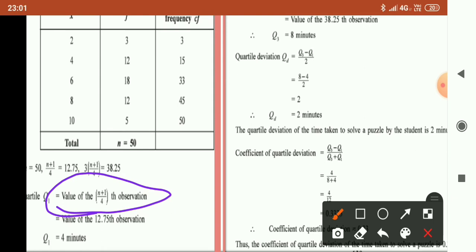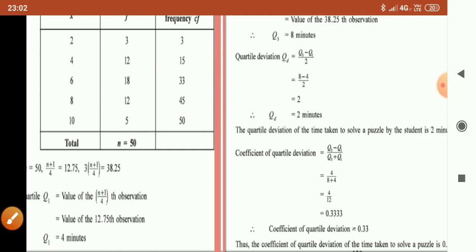Q1 and then Q3 we will find. So n means 50, 50 plus 1 upon 4 is 12.75, but we will not find 12.75 exactly. So we will consider the next higher value after 12.75, which is 15. So what will be your first quartile? Corresponding to the 15, the xi given in front of the cumulative frequency is 4. So your Q1 will be 4 minutes.